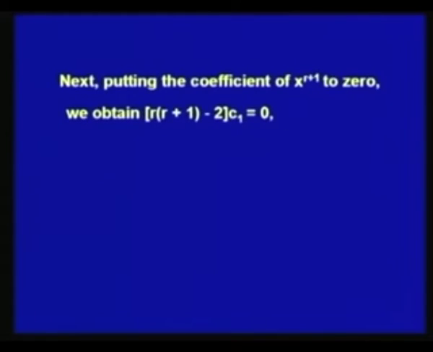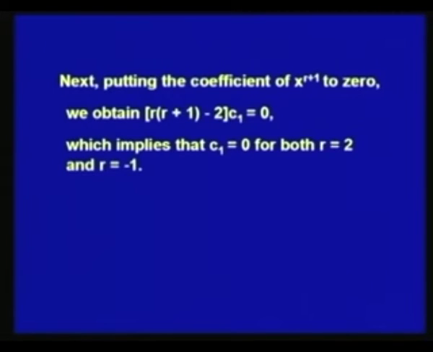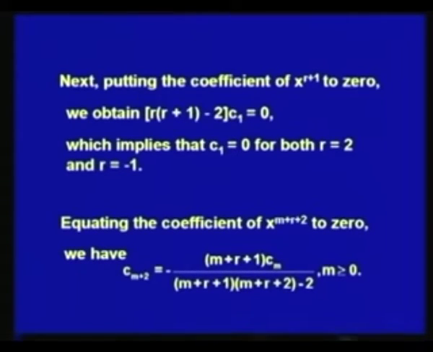Now, put the coefficient of the next higher power of x to 0, that is, the coefficient of x to the power r plus 1 when equated to 0 gives us (r(r plus 1) minus 2) into C1 equal to 0. And if you put r equal to 2 or if you put r equal to minus 1, you can see from this equation that for both these values of r, C1 turns out to be 0.